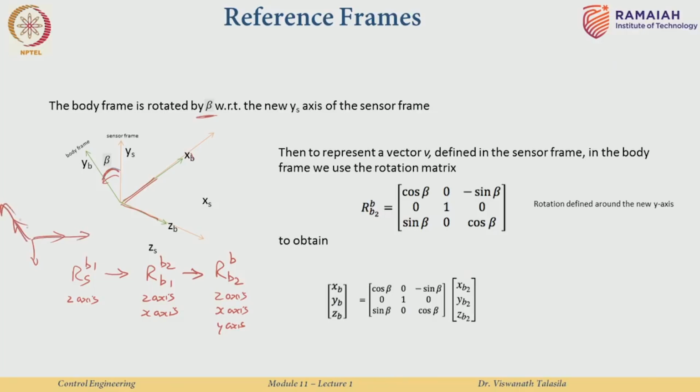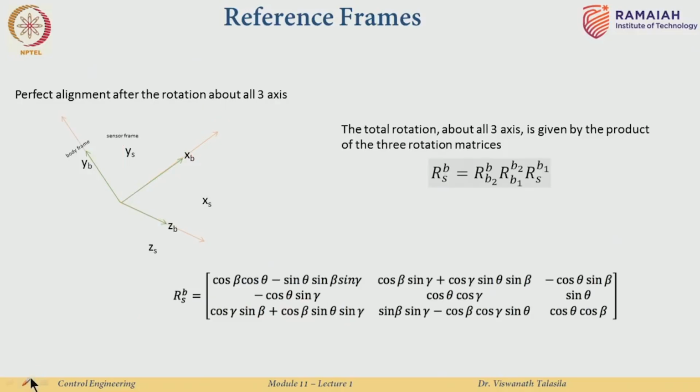So, like so, and this is the rotation to go from B2 to B, the second body axis to the final body axis. And interestingly, all you need to do in order to do this very complex sounding mathematical description is one very simple operation.